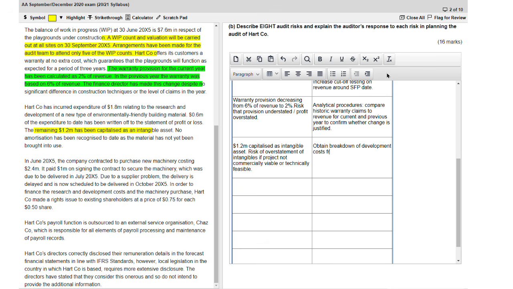From where? From the library? No, from directors. And then agree costs to supporting. I don't usually like the word documentation. I can't think of a better one because it might be invoices, it might be payroll records. So I'm going to use documentation.